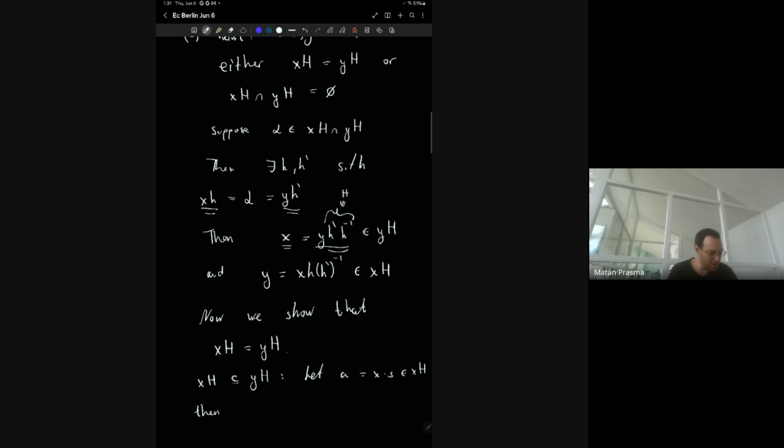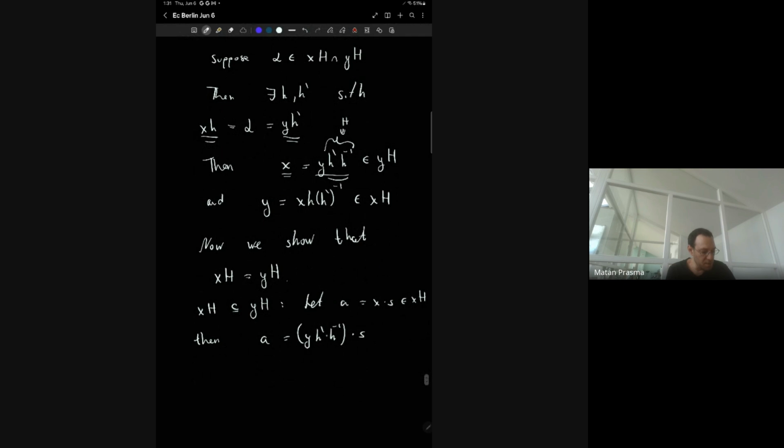I do a is equal to y h prime h minus 1, this is x, times s. But by associativity, I can write it as y h prime h minus 1 times s.